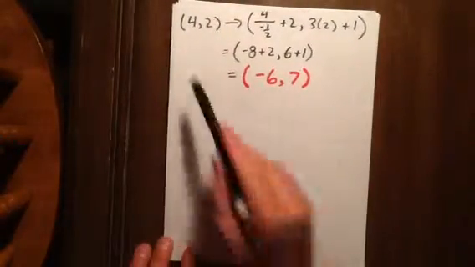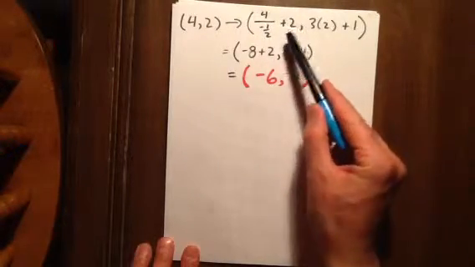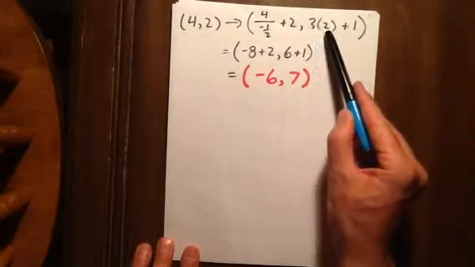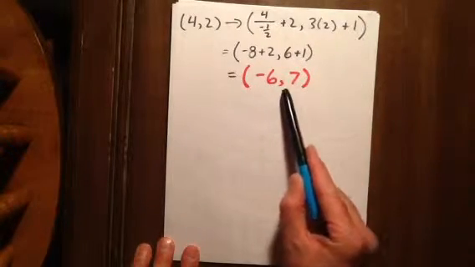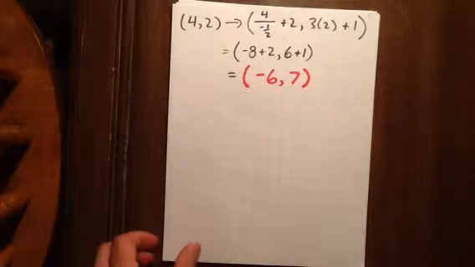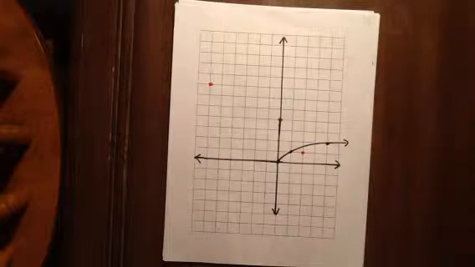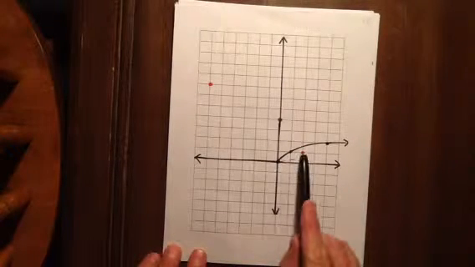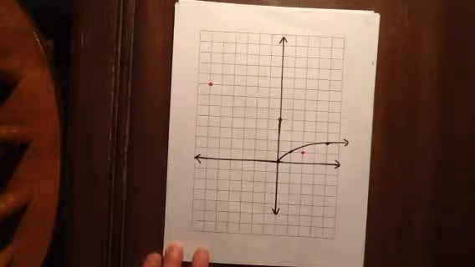And finally, the point (4, 2) will map onto (4 over k plus d, 3 times 2 plus 1). And that simplifies to (-6, 7). So we've got the points (2, 1), (0, 4), and (-6, 7). So we plot them.